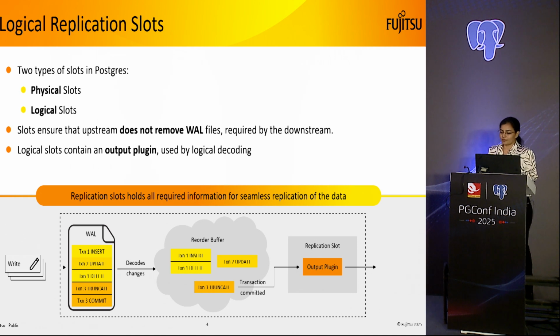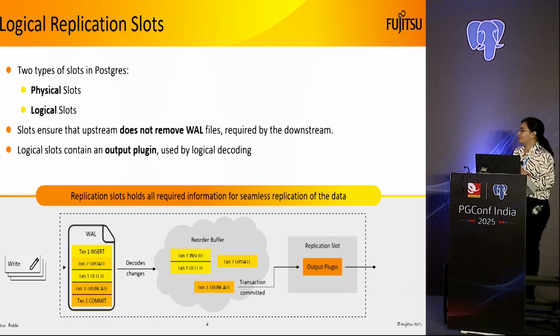Slots are mainly there to ensure that the upstream node does not remove WAL which can still be required by the downstream node. In case of logical replication, it also has an output plugin which is used by logical decoding, because the output plugin will decide what data to transfer to the subscriber node and what data to ignore if it is not subscribed.